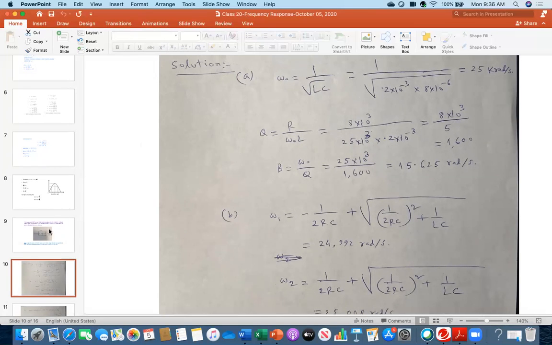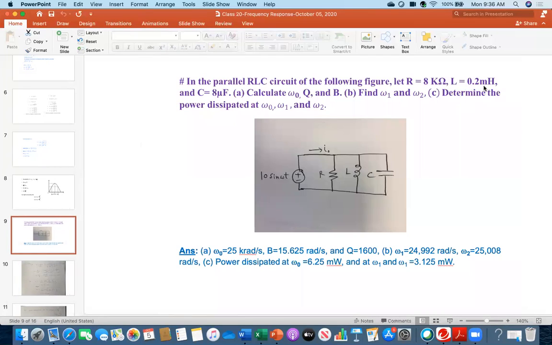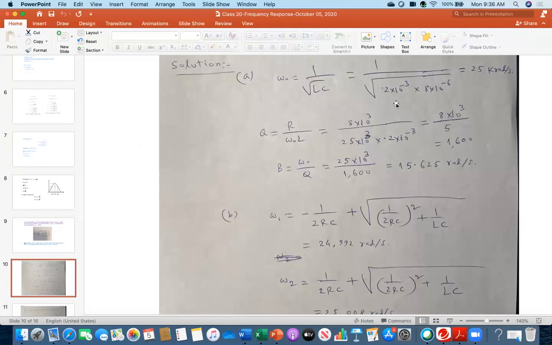L was 0.2 millihenry, and C was 8 microfarad. Accordingly, I changed into henry, multiplied by 10 to the power minus 3, and 8 microfarad I changed to farad. So ultimately, I am getting 25 kiloradian per second.